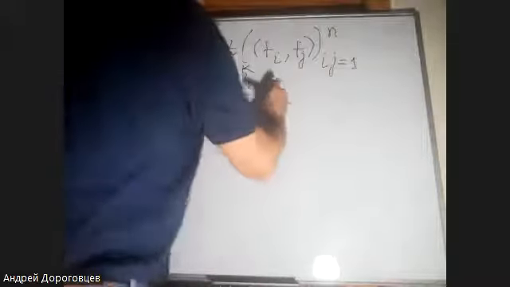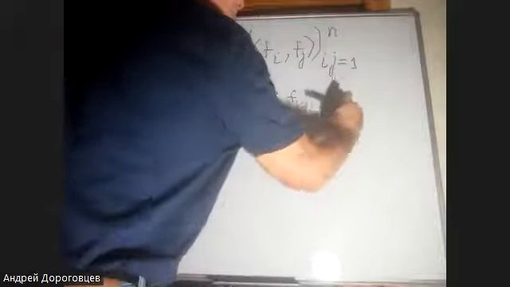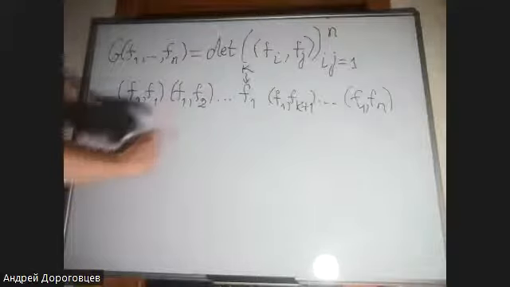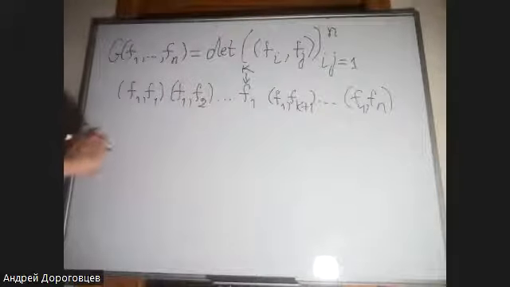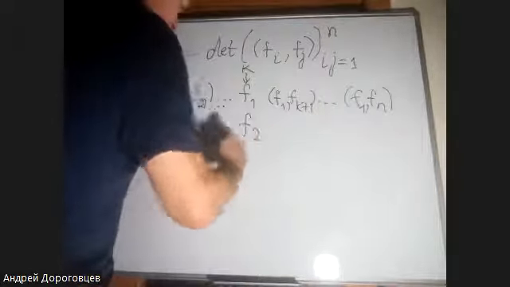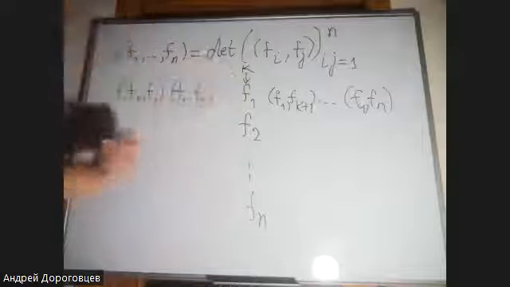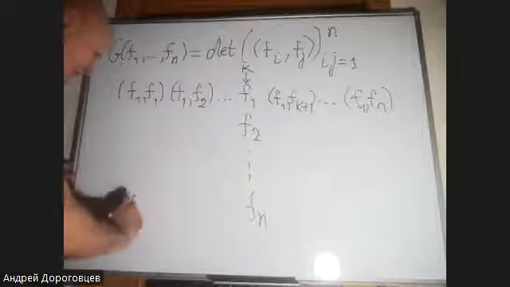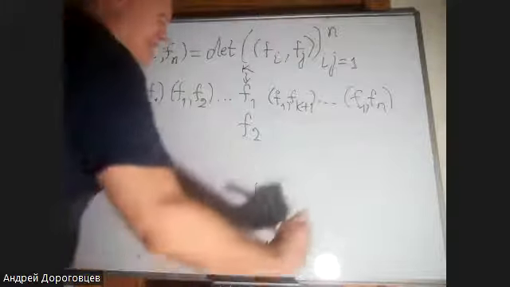Then I continue with the scalar products, (F1, Fk+1), and so on, as usual, (F1, Fn), and the same happens in every line. So here we will have F2 and so on, Fn, but everywhere outside of this column we have scalar products like before in the Gram determinant, (F1, F1) and so on, and here (Fn, Fn).